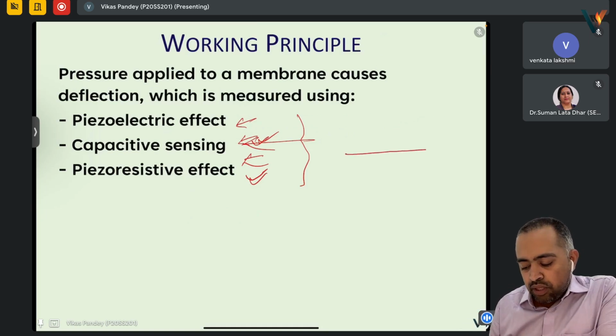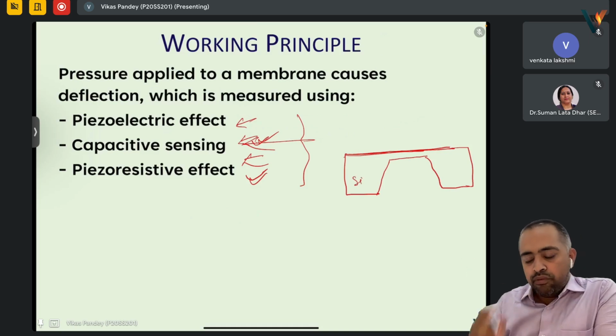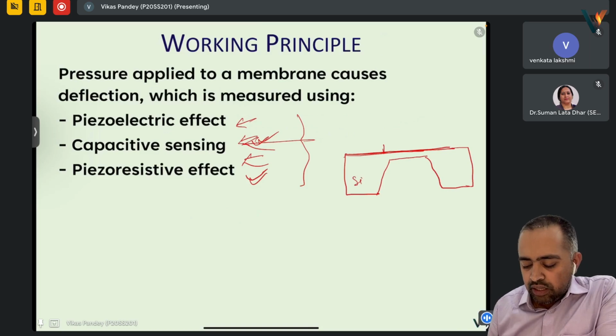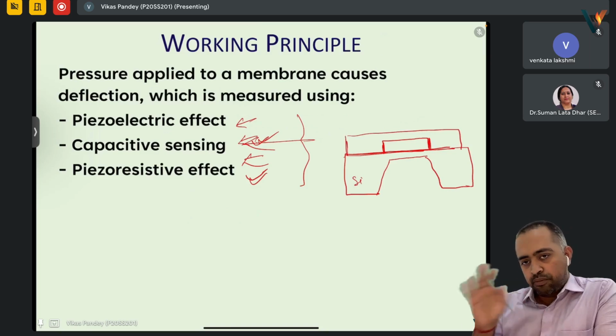So suppose that we have made a thin membrane over silicon substrate. Now above it, we create another cavity which can be hermetically sealed, like properly sealed.